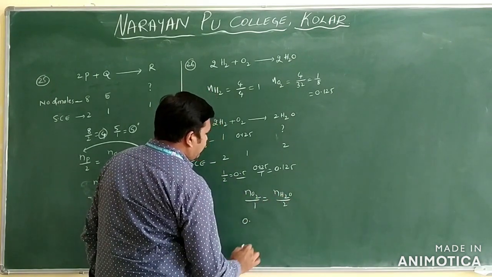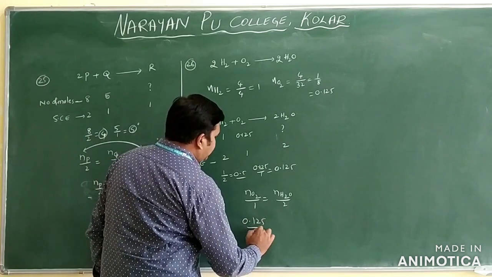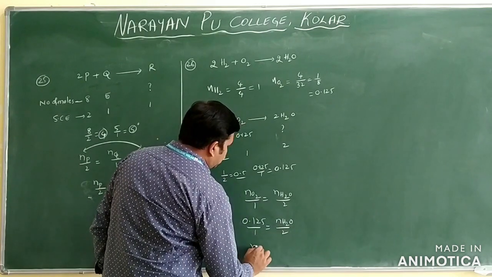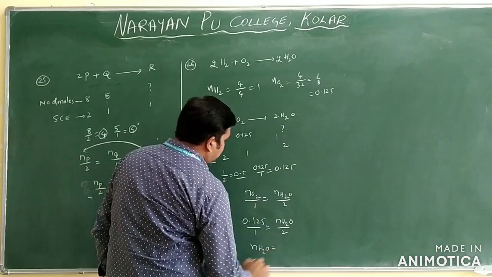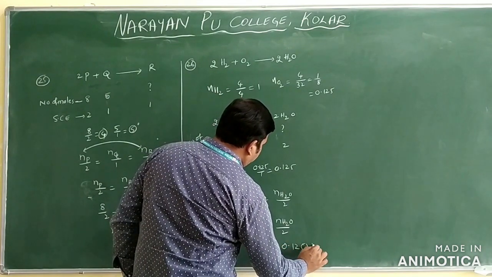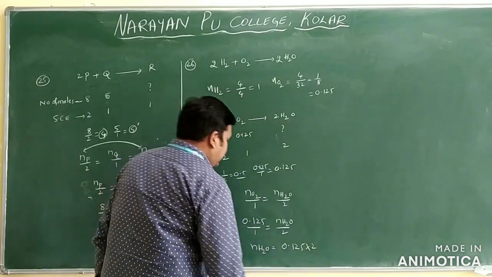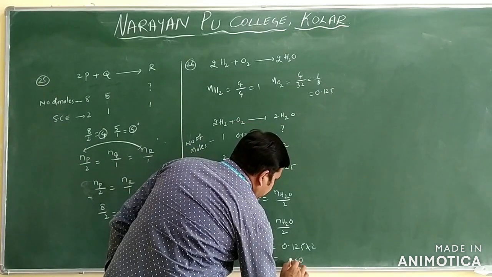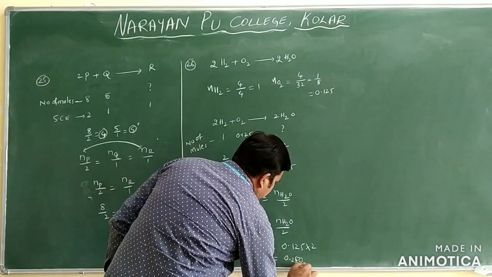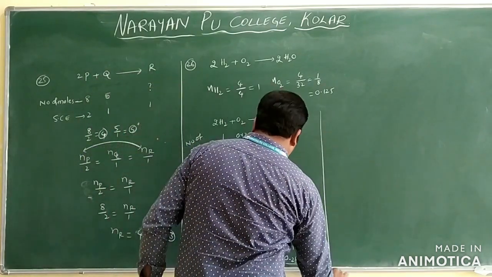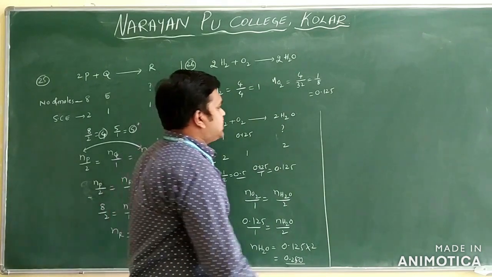So 0.125 by 1 is equal to number of moles of H2O by 2, and number of moles of H2O is equal to 0.125 into 2. You will get 0.25. Clear? So this is the number of moles of H2O. They are asking the weight of H2O.